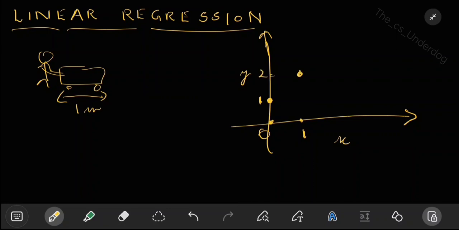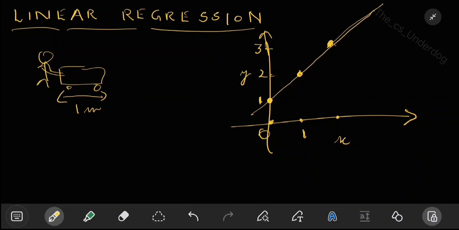This is 2. This is 3. When you are at 2, trolley would have reached 3. So this is how this relationship goes. And here, because this is a linear relationship, you can plot a line. That is, you can plot a line through here which depicts the relationship between you and the trolley.